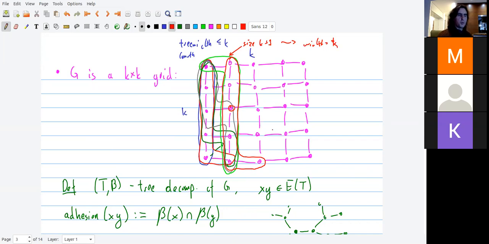And this is actually optimum. We will argue this next week, but the tree width of a k times k grid is therefore equal to k, and the way to see it is that you sweep the grid from left to right. Okay, are those examples clear? Are there any questions at this point?